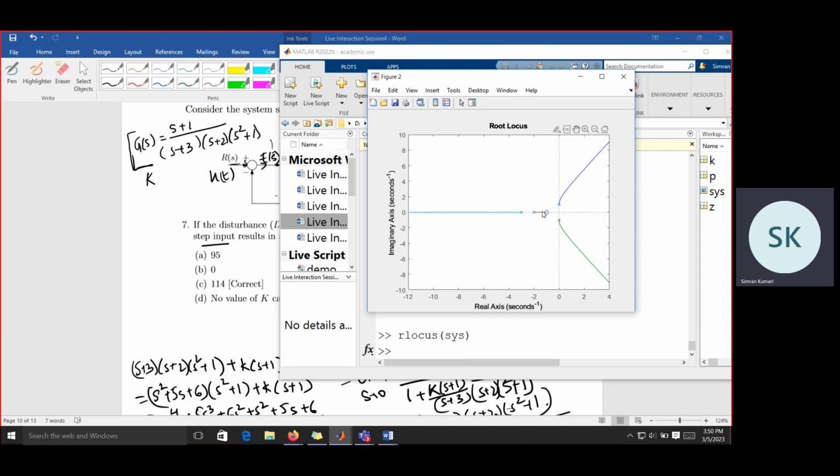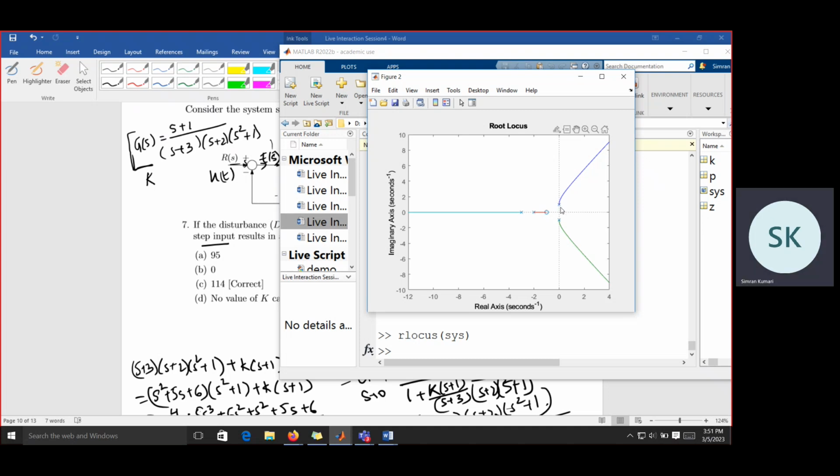Now, since there is 1 zero and 4 poles, 3 of the poles will go to infinity as k goes to infinity, so we need to find the asymptotes. They are at 60, minus 180 and another angle in this direction. One of the poles goes to infinity along minus 180 degrees, and these two will evolve along the other two asymptotes.